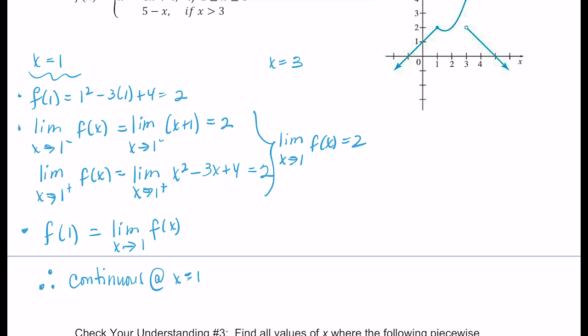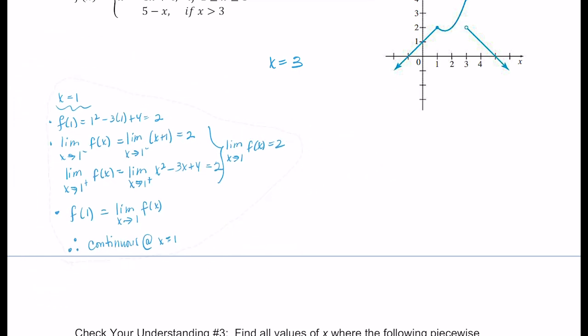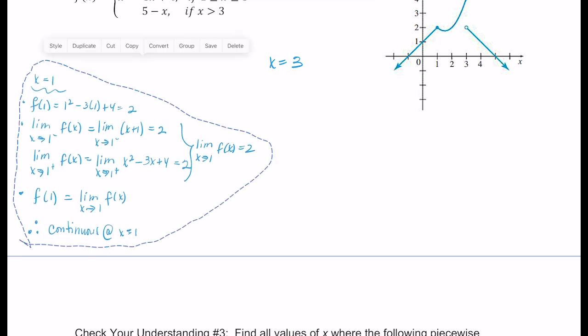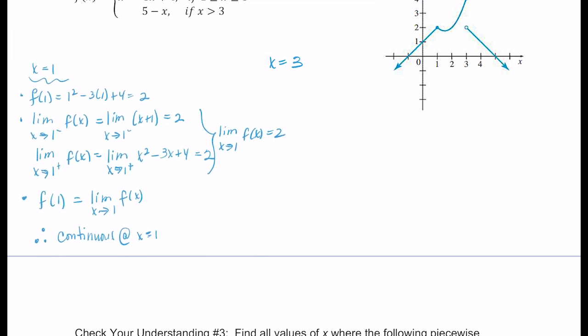Okay. Now we're going to check x equals 3. So let me shrink that. Okay. So for x equals 3, we're going to do the same thing.